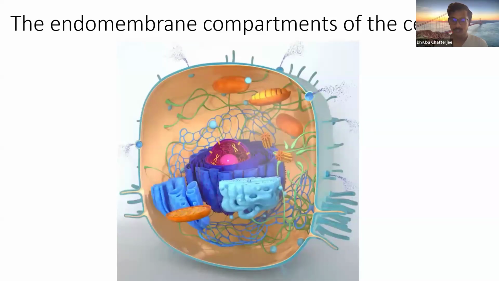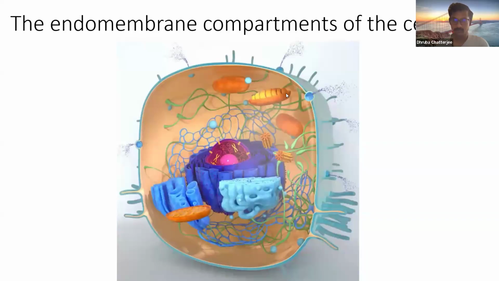Like the nucleus, the endoplasmic reticulum, the Golgi apparatus, the lysosomes, peroxisomes, mitochondria, etc. These intracellular membrane-bound compartments of the cell are together referred to as the endomembrane compartments. And ultimately, there is a final plasma membrane or the cell membrane, which is the outermost membrane of the cell, which makes the identity of the cell and is essential for maintaining the cellular homeostasis.